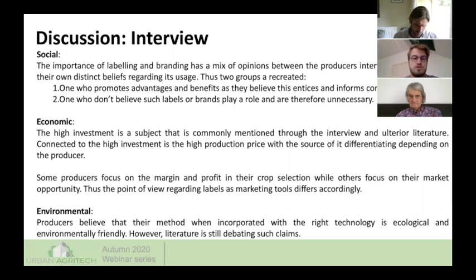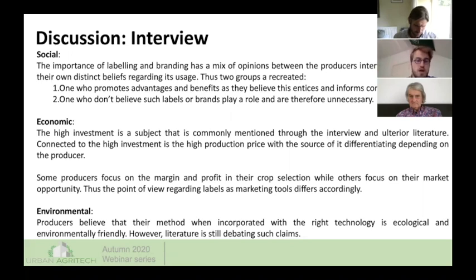For example, producers that use margin of profit will commonly agree that labeling is interesting, as this will permit them to add value to their crop by stating that it's locally grown or grown in a controlled environment, while producers that focus more on the market opportunity of a crop have the tendency to say that such labels do not add any value or are not required, because this makes it harder for them to integrate their crops within the marketing scheme of it.